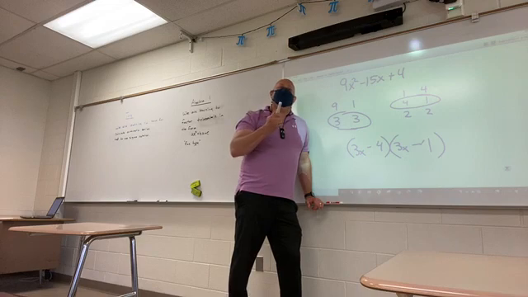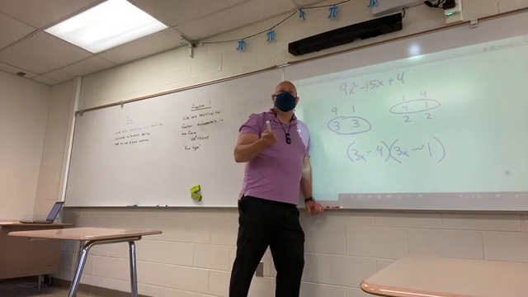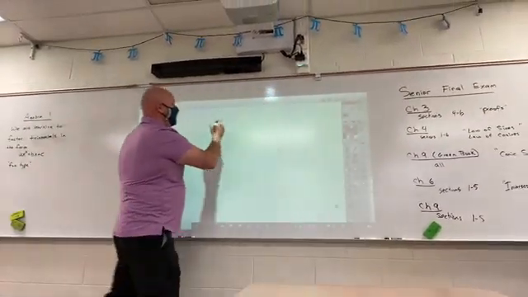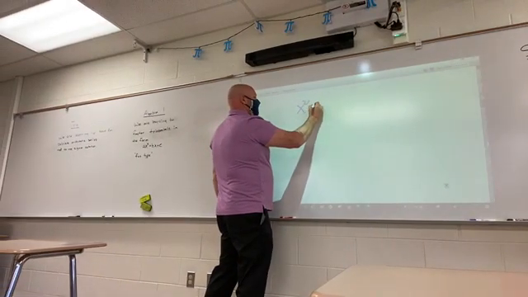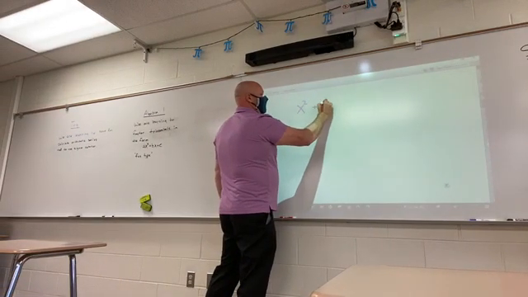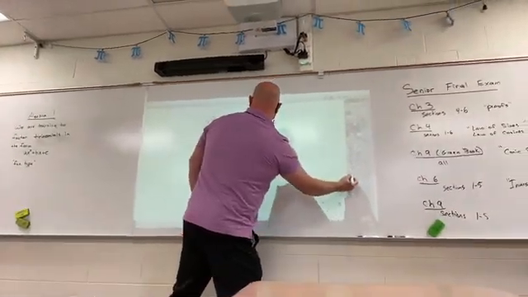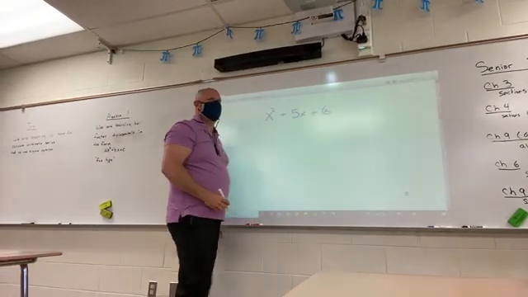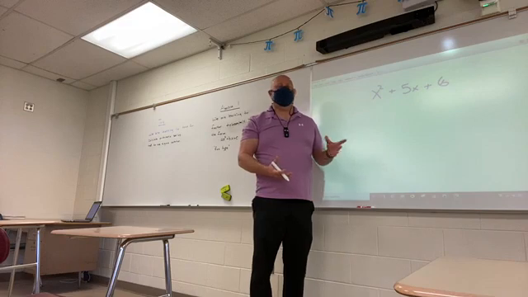Why are these worse than the ones we did yesterday? The reason is the ones we did yesterday, like these that I call the easy type, x squared plus 5x plus 6. You really are doing the same thing, but here's the key.